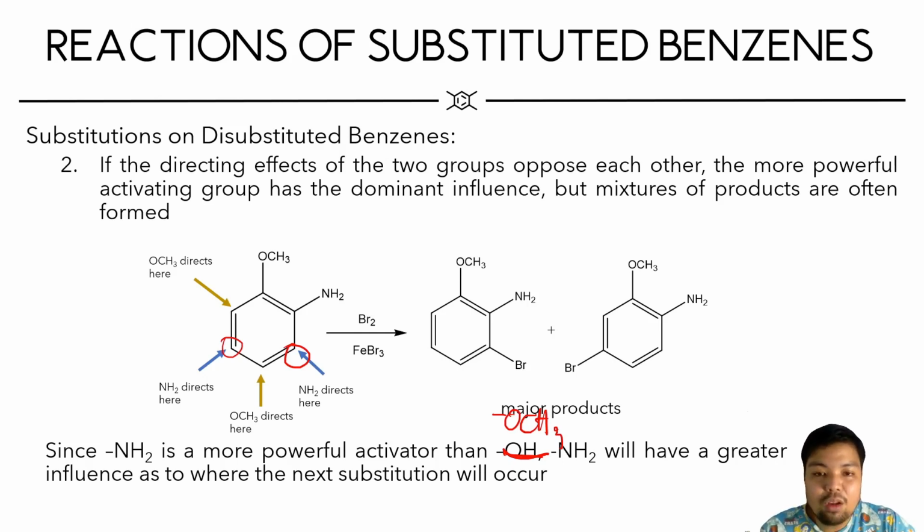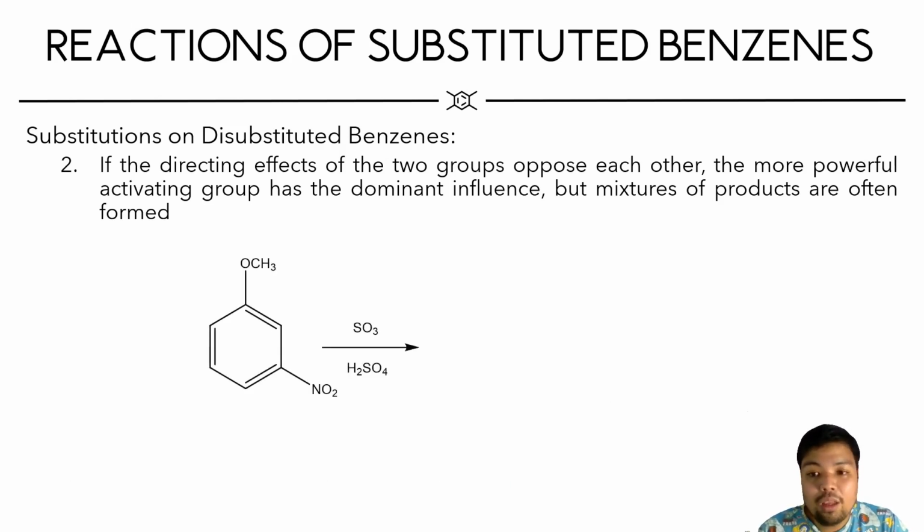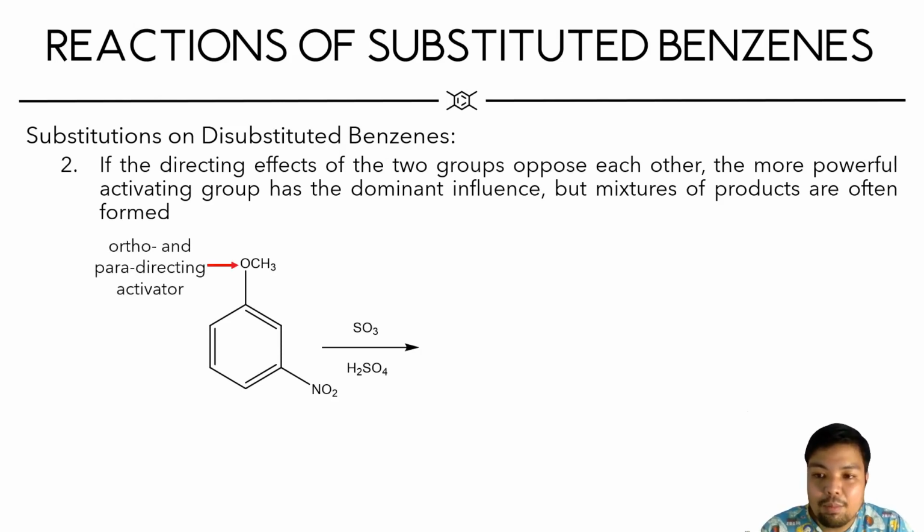So let's have another example here where one is an activator while one is a deactivator. I have indicated earlier that the methoxy group is an ortho and para directing activator, and obviously it will point to the ortho position, which is here, and to the para position with respect to the methoxy group, which is here.